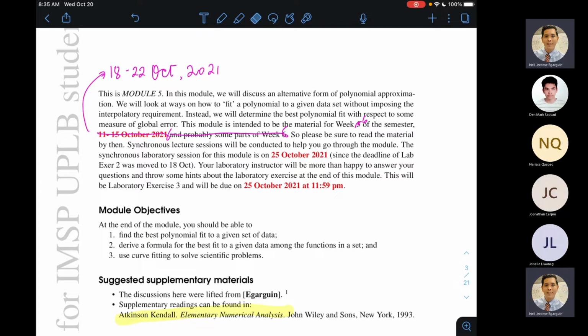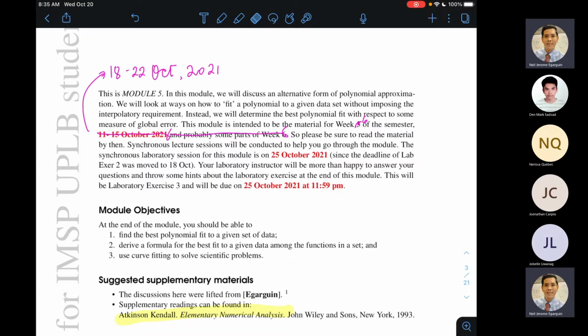Tapos hopefully this will give you an idea on how to derive formulas for, say, a cubic fit or a quartic fit or kahit nga logarithmic or exponential fit. Pwede yung sundan yung derivation na gagawin ko today, para yun yung pattern sa pag-derive ng formula for the general case.